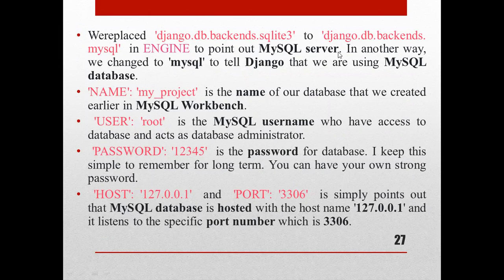In the engine section we replace the engine name from django.db.backends.sqlite3 to django.db.backends.mysql to point to the MySQL server. In another way, we are telling Django that we are using the MySQL database.